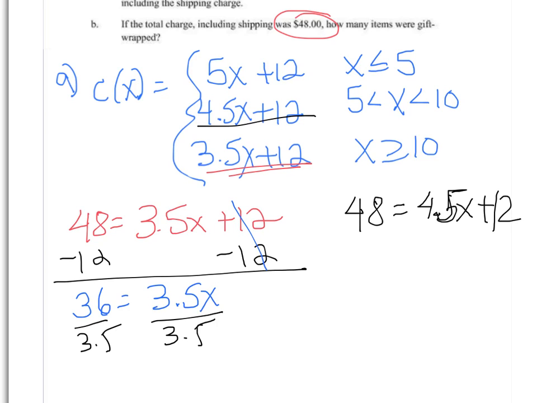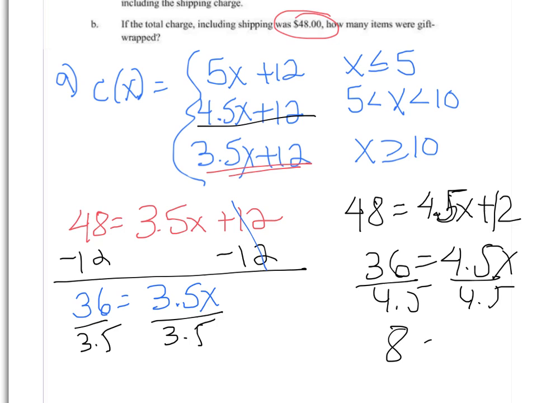Subtract the 12 again, so 36 equals 4.5x. And now this problem you could use a calculator for, so when you divide by 4.5, we're going to get 8 as our answer. So that's 8 items that they can be gift wrapped and shipped.